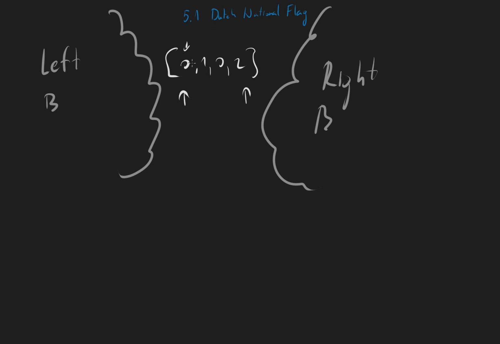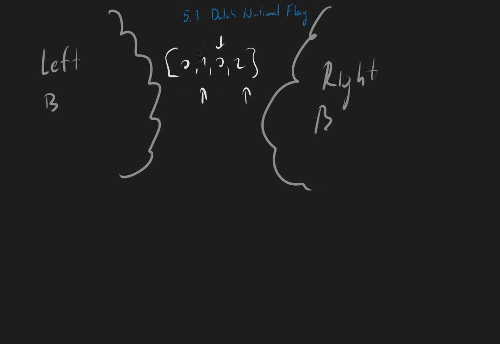So we just need to check if the number is equal to, let's say our pivot is 1. So if number is less than pivot, we need to swap whatever is on the left boundary and move both pointers, right? So our runner is now here as well as left boundary. If current number is the same as pivot, we don't do nothing, no swapping, but just increment our runner.